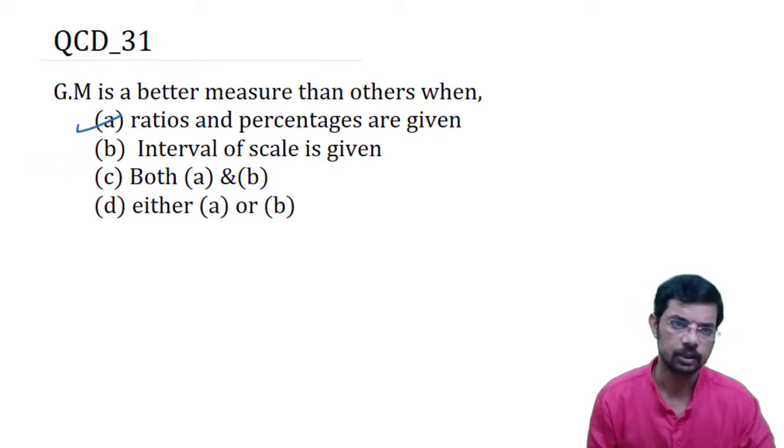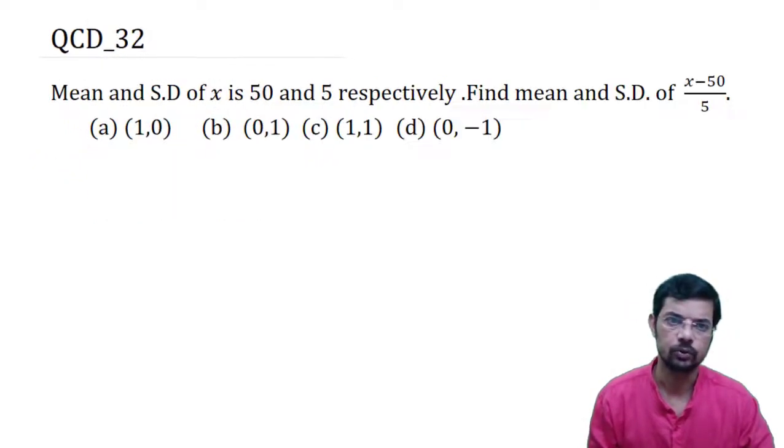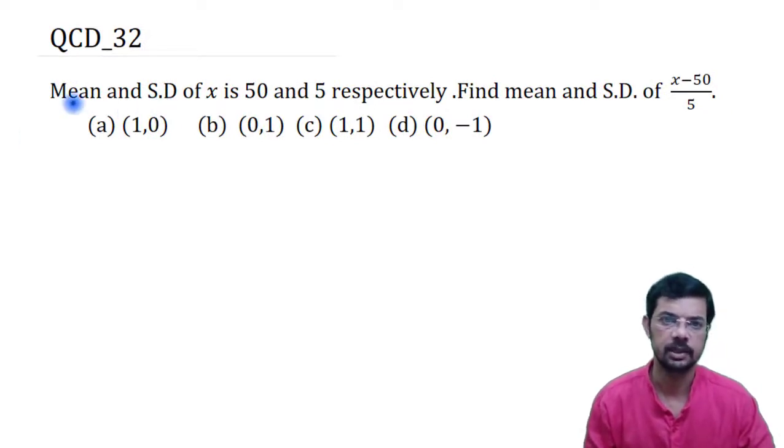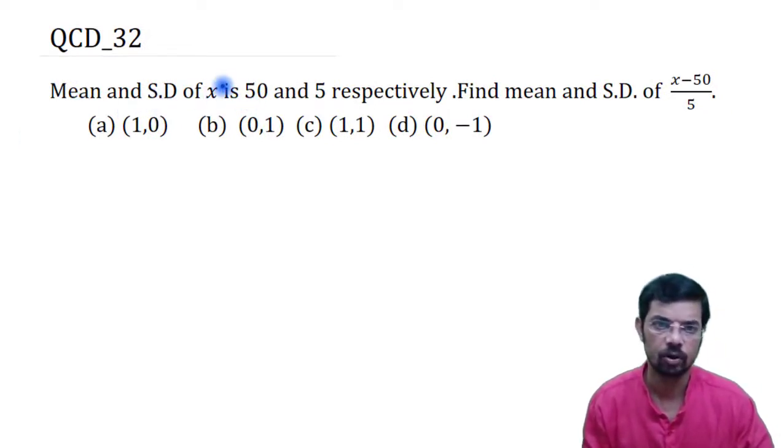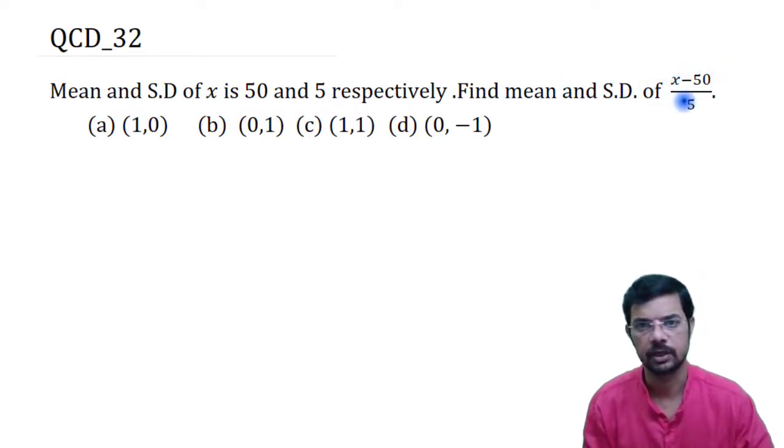Next question is question number 32. The mean and standard deviation of a variable x are 50 and 5 respectively. Then what is the mean and standard deviation of (x minus 50) divided by 5?